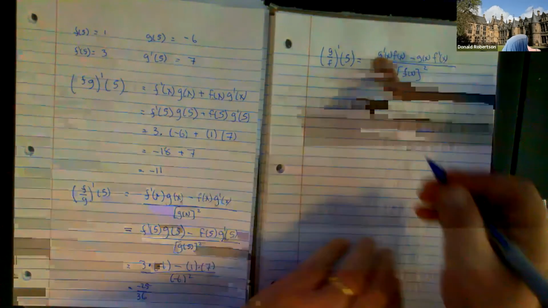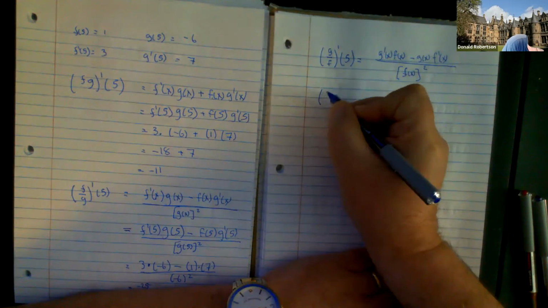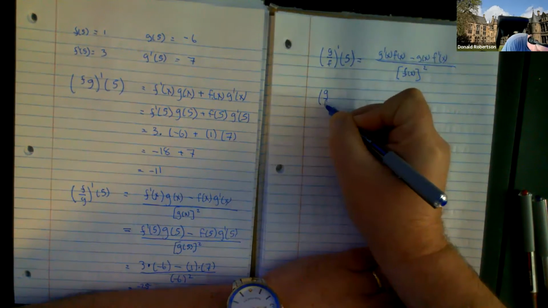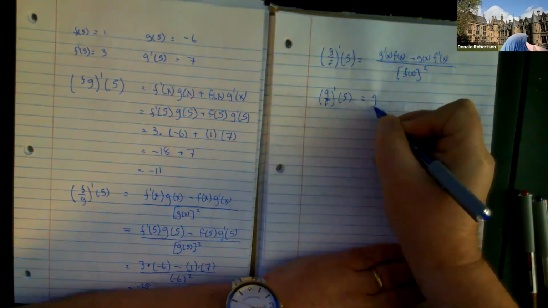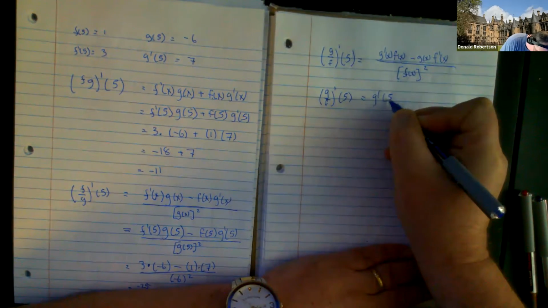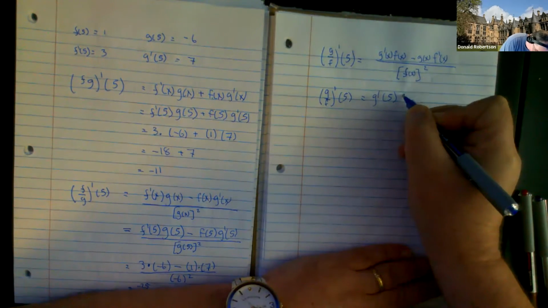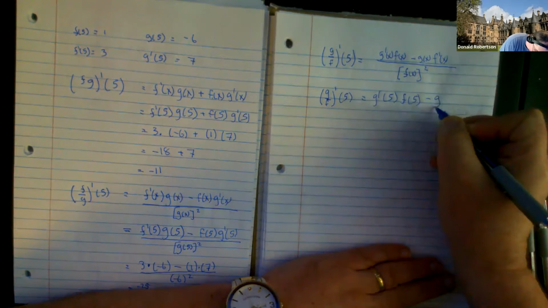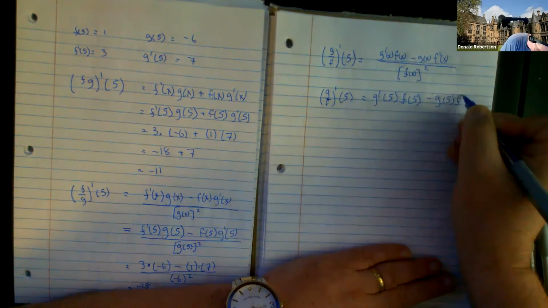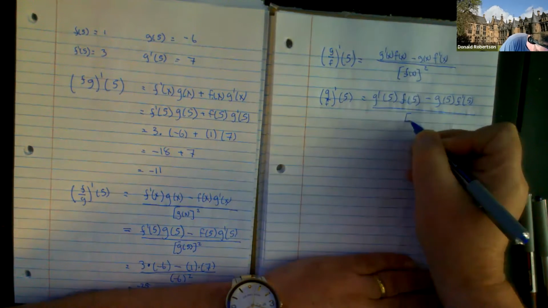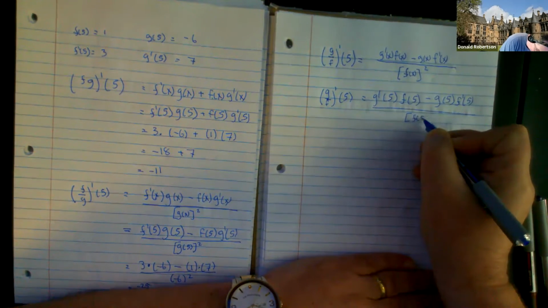So if you wanted to find this derivative at 5, it would be g dashed of 5, f of 5, take away g of 5, f dashed of 5, all over f of 5 squared.